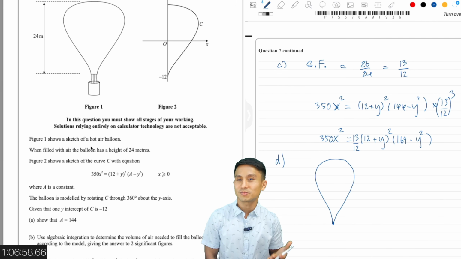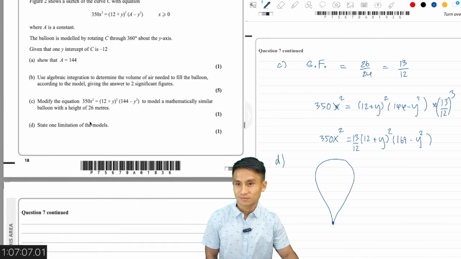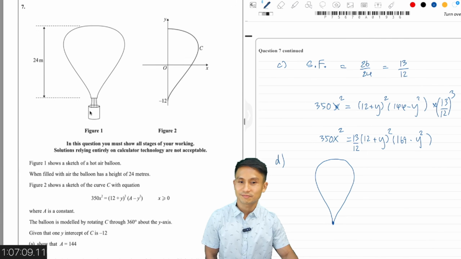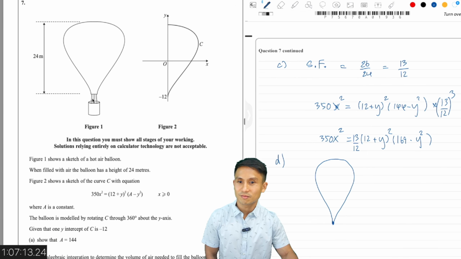It might not even be this shape. It might be even more spherical than this, right? State one limitation. Okay. I'm going to go with the balloon might be more spherical.